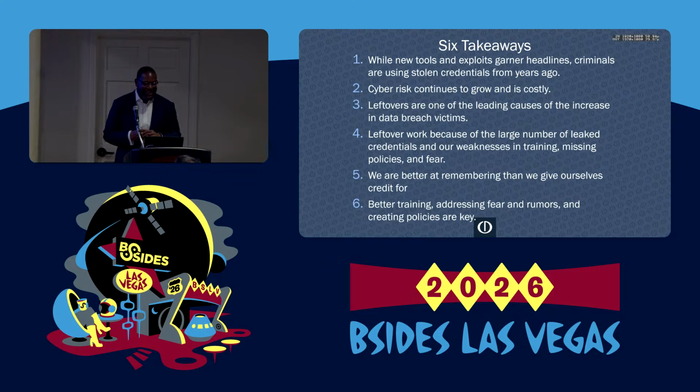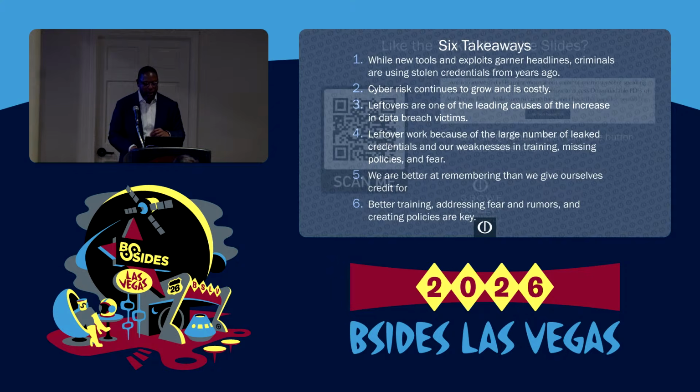Third, leftovers are one of the leading causes of the increase in data breach victims. 4, leftovers work because of a large number of leaked credentials and our weaknesses in training, missing policies, and fear. 5, we are better at remembering than we give ourselves credit for. 6, better training, addressing fears and rumors, and creating policies are key.